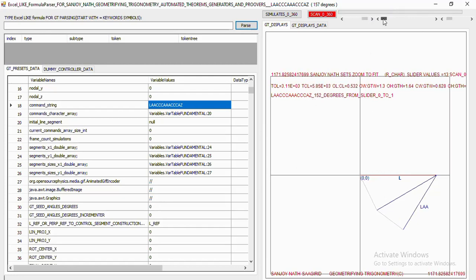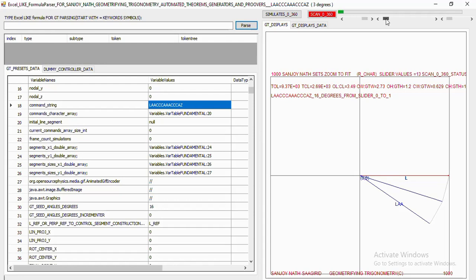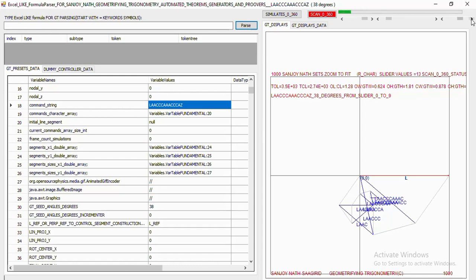You can reduce the degree to 16 degree or any bigger degree like this. LAAZ, then one stage is added, LAAC. In this way, one additional cos theta is multiplied and its behavior is changing.